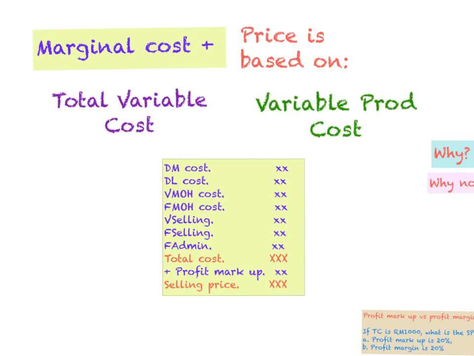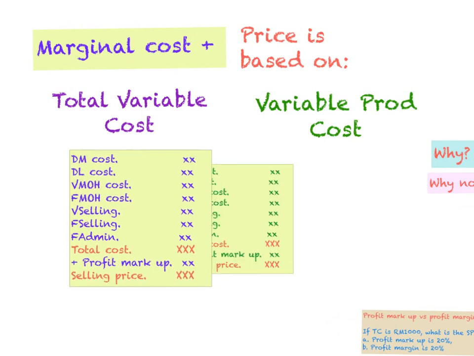The first one is total variable cost, which means all variable costs will be included in setting the price of the product. The second is variable production cost, where we only focus on the production cost only, just like the full production cost.